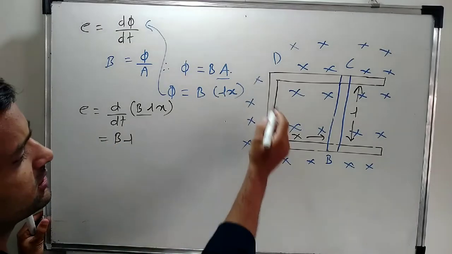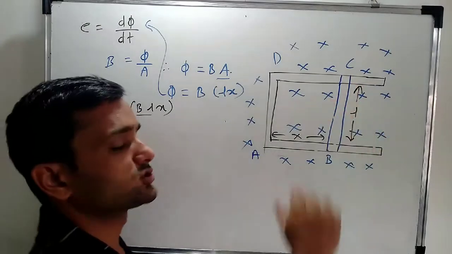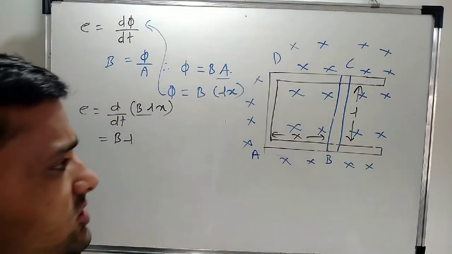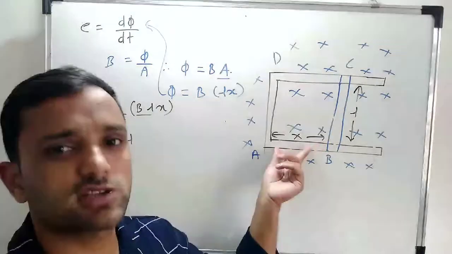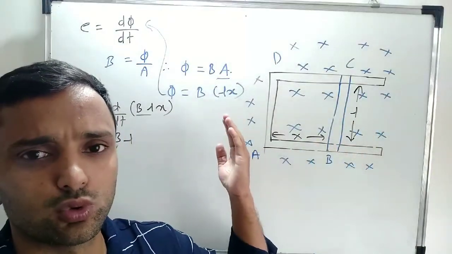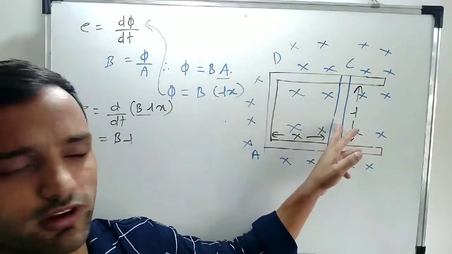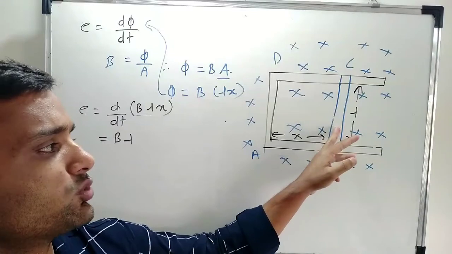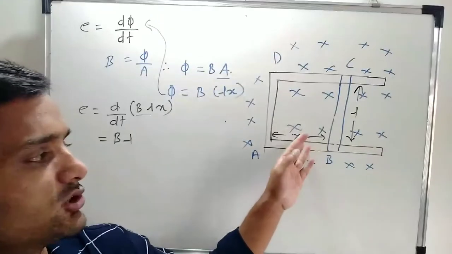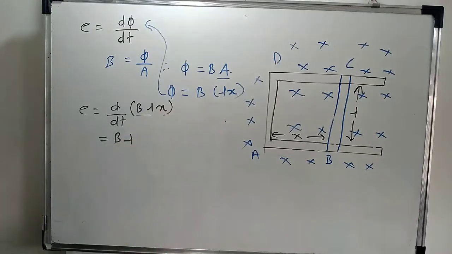B is the magnitude of the magnetic field, and the length of BC does not change. What can change? X can change. X depends on the position of BC. If you move it towards or away from AD, it can move without friction, so the value of X is continuously changing. So the only changing term in this equation is X.